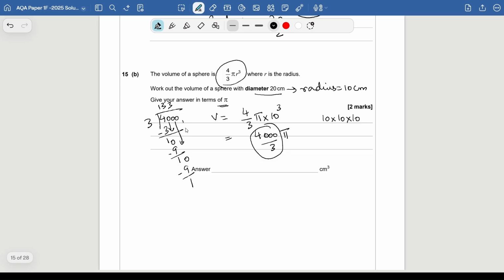We have a 1, and we bring this 0 down to get another 3 threes is 9. Now we don't have any more zeros, so we put a decimal point. Now we see the number keeps on repeating here, so it will be 1333.3 repeating pi is the volume of the sphere.